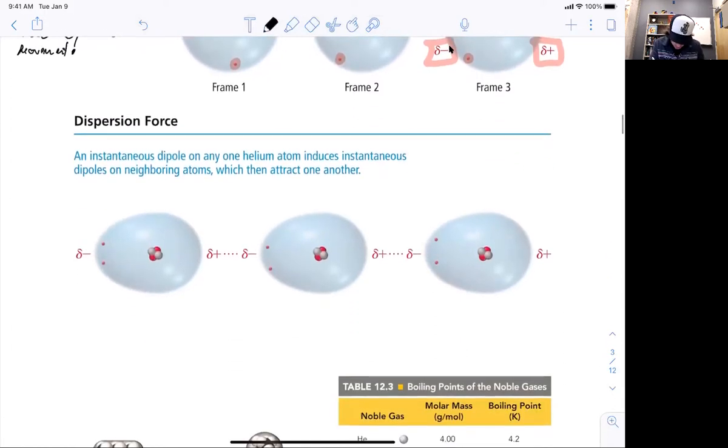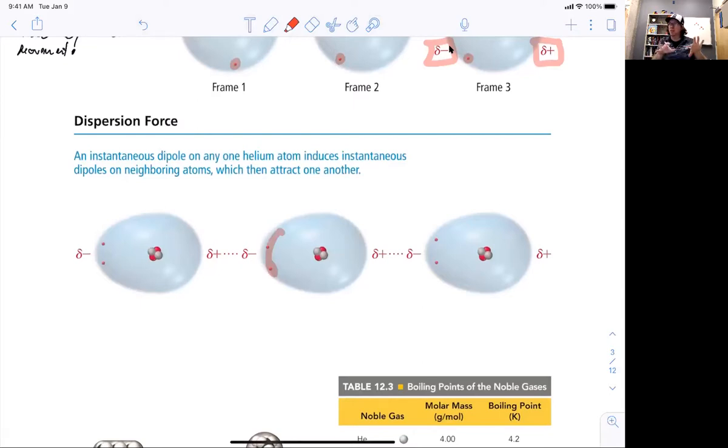So here what they're showing is, let's again focus on the middle one here. Again, after some amount of time, maybe the 2 electrons in the helium atom align on one side and create that instantaneous and temporary partial negative on one side and the partial positive on the other.